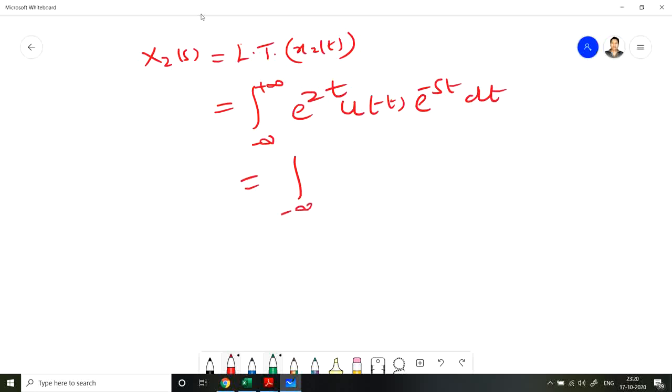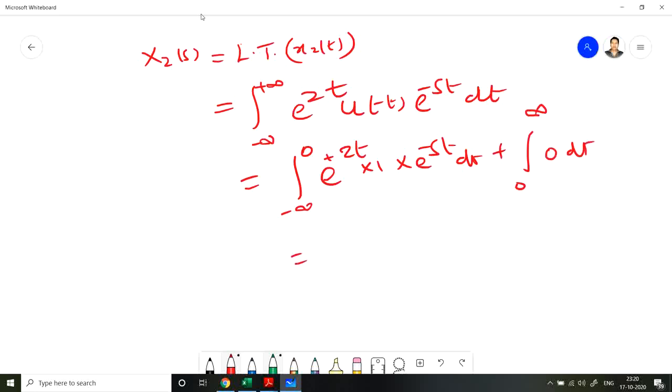Now from minus infinity to 0, u of minus t is equal to 1, and from 0 to infinity, this is 0. So we have minus infinity to 0 e raised to the power (2 minus s) t dt.